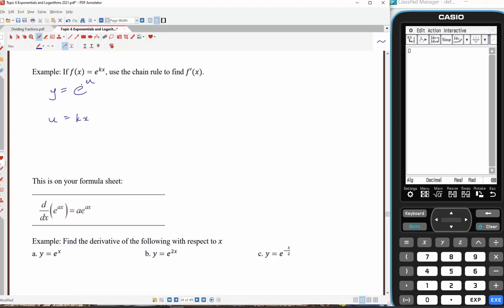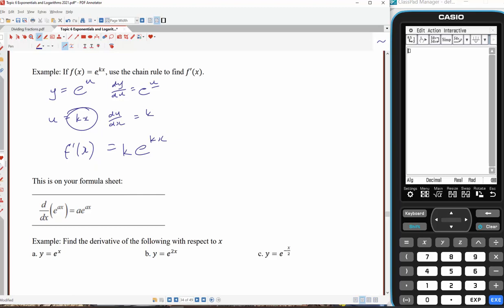Now, we do know how to derive e to the u, so we're just going to go dy du equals e to the u, and du dx is equal to k. Remember with the chain rule, what we do is we just multiply these two things together. So we're going to say that f dash x equals k e to the kx.